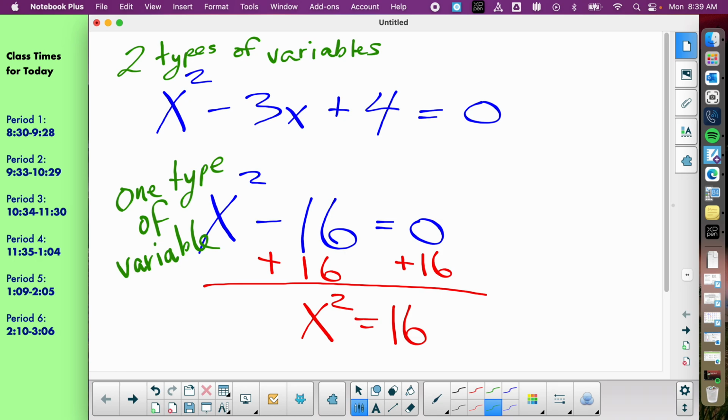And for some of you, you very much dislike that. Nothing wrong with that. The second half of the chapter that we're doing now is we're going to learn different ways to solve these when there's only one type of letter, one type of variable. So like this one, we just have an x squared, so we could do the opposites to solve it.